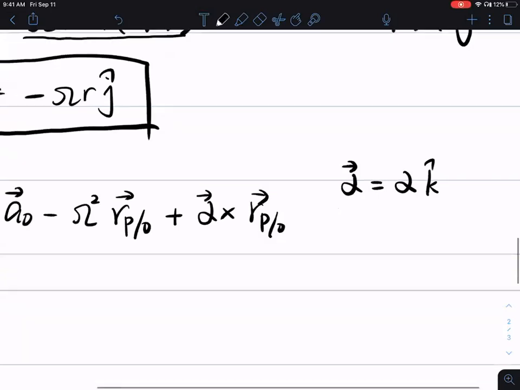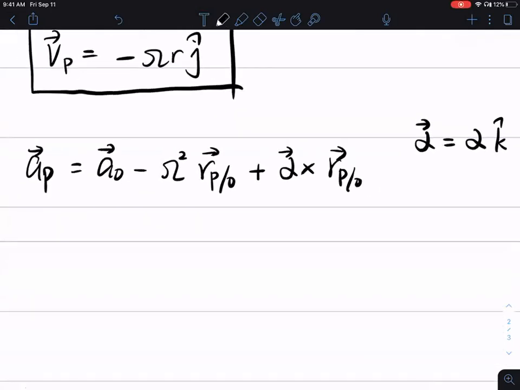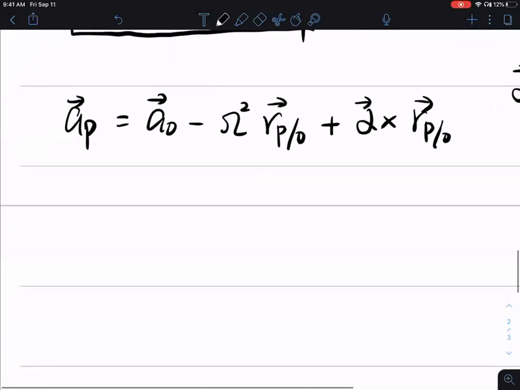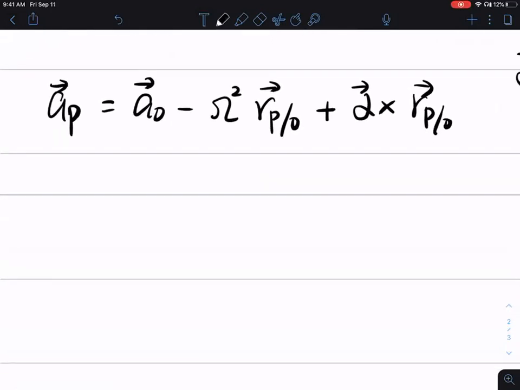All right. Now your job is just plugging everything you know for AP, AO, omega, RP/O. AP, we know is given as 3I plus 4J. AO is just 0.